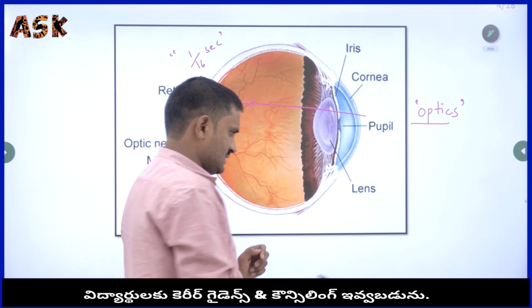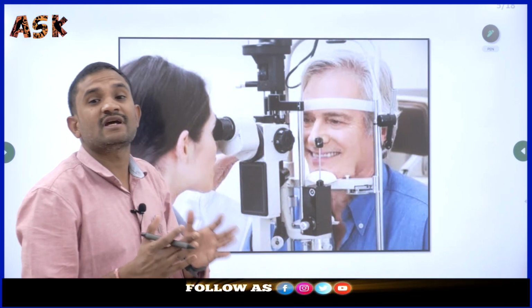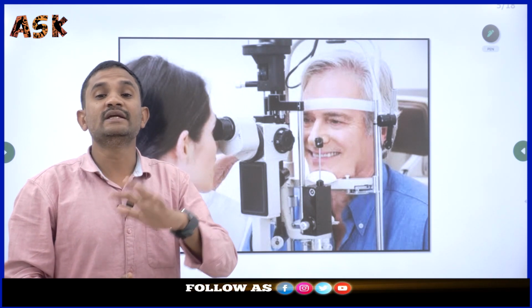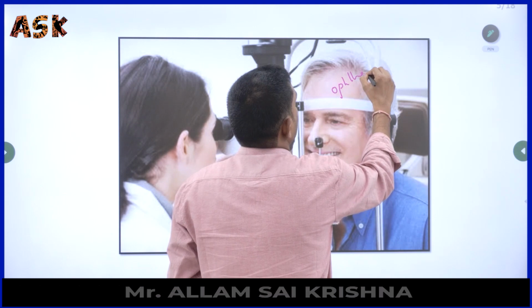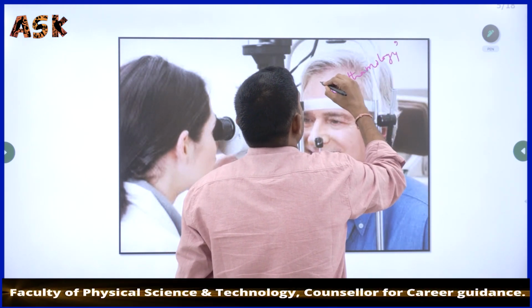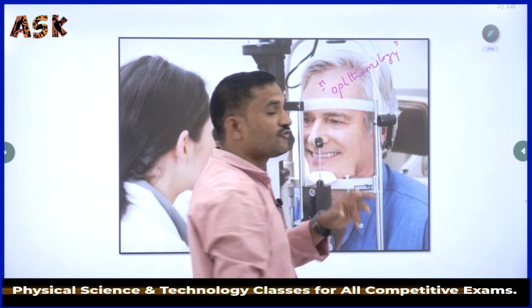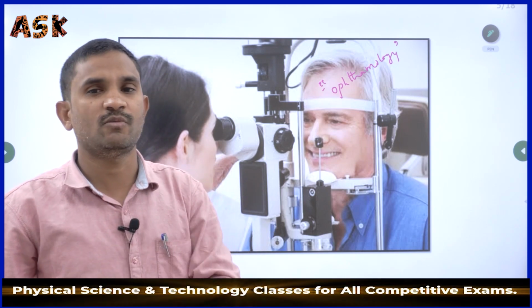Optics. The study about the vision of human beings is called ophthalmology. What is ophthalmology? We are studying about the vision of human beings; that we call ophthalmology.